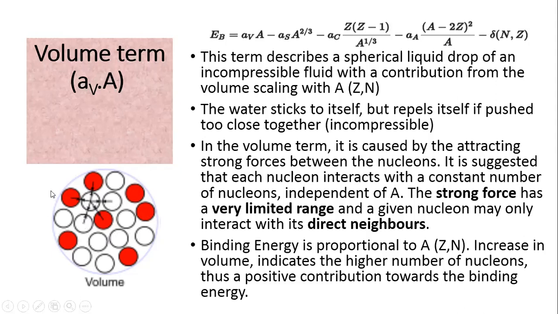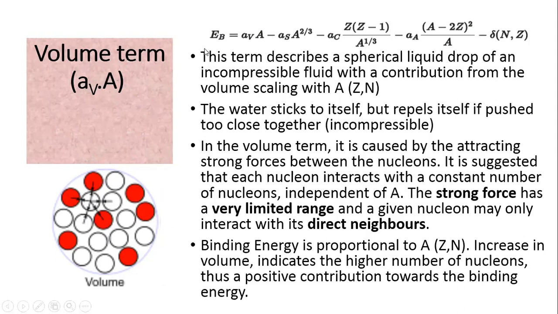However, the volume is increasing. There are more protons and neutrons within the nucleus, and so the volume is going to increase. And when the volume increases, it has a direct relation with the binding energy, a positive contribution to the binding energy. So the more the volume, meaning the more the mass number of the nuclide, the more the binding energy.